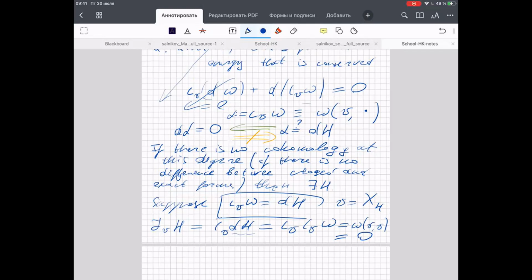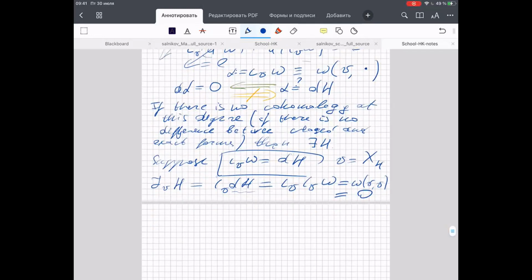Okay, I realize this is probably a little bit mysterious for people who have never done differential forms before, but then just a take-home message.